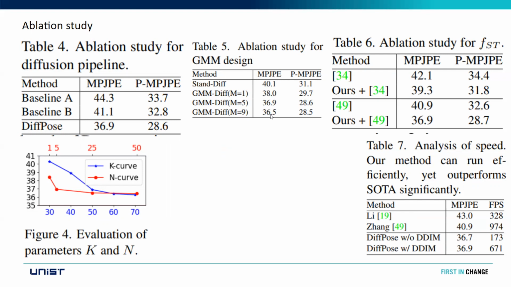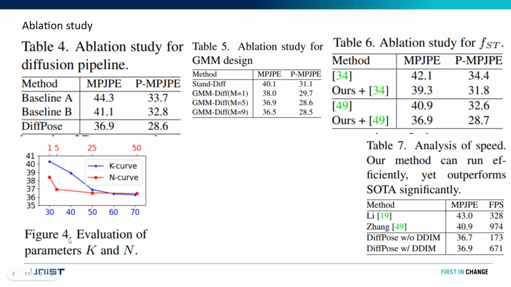It's very similar. Then they did the ablation study for the feature context encoder. So just using only the encoder for 3D pose estimation, the results are worse than using their method plus the feature encoder, the context encoder.